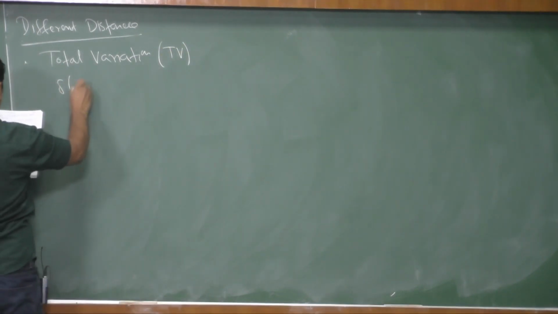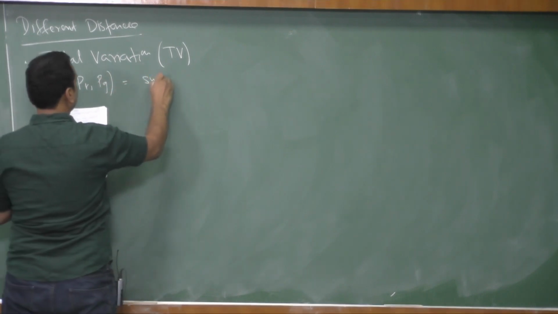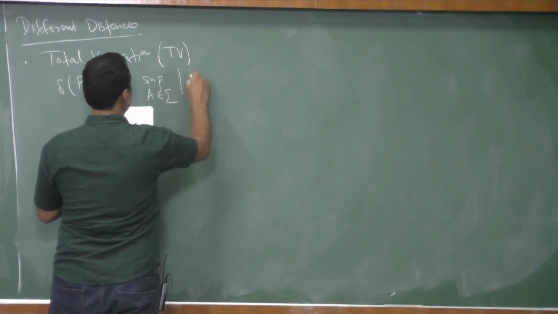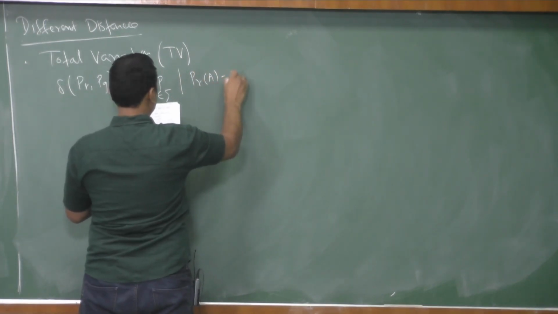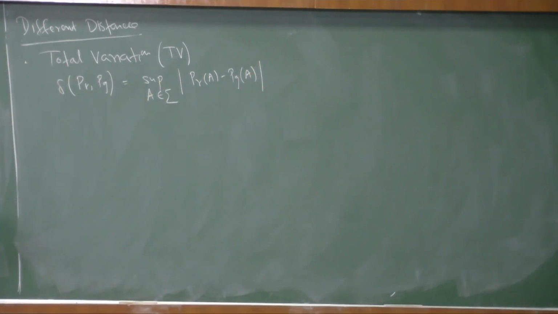So this is delta of P_r, P_g equals the supremum over A of the absolute value of P_r(A) minus P_g(A). So this is essentially saying that you take the supremum over all the probability values that you can think of, differences of those. Okay, so this is called total variation.